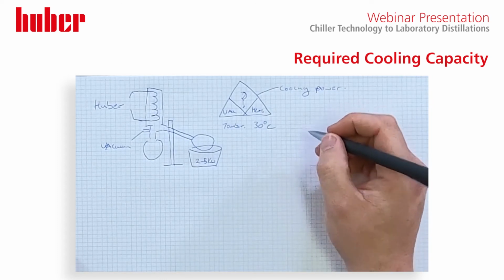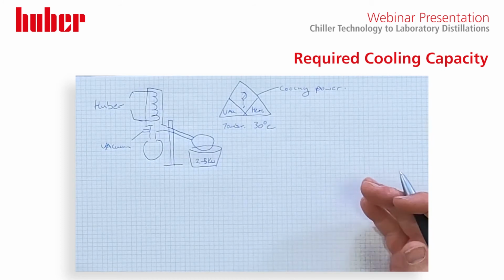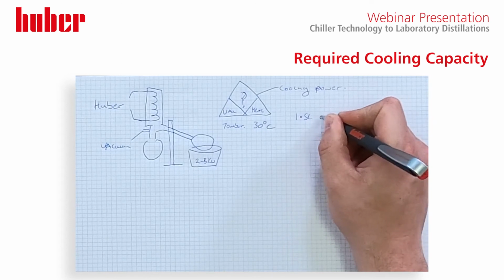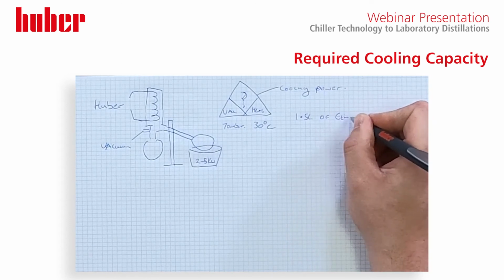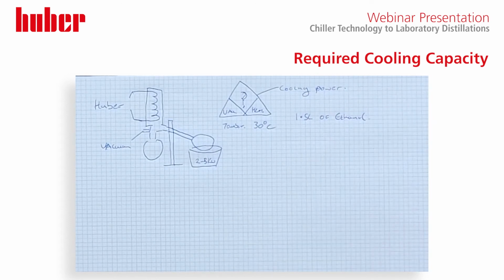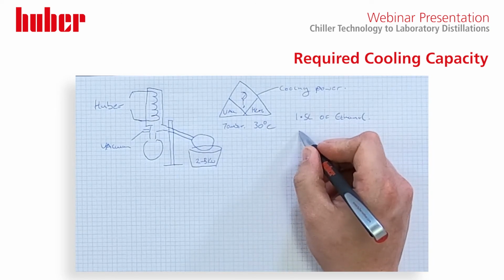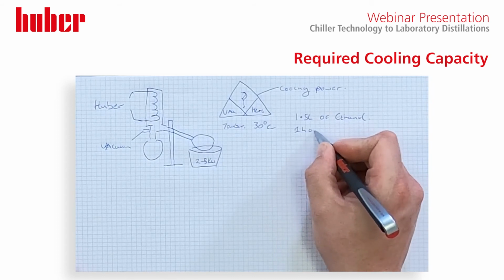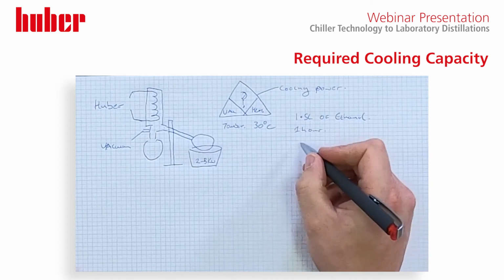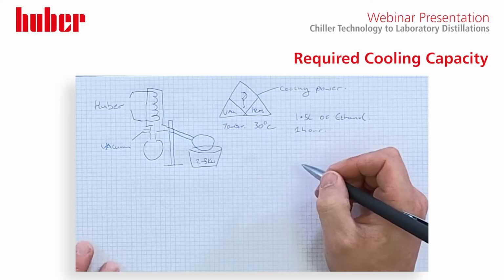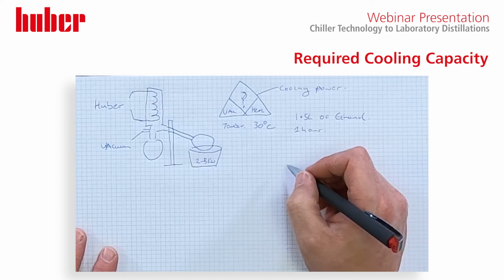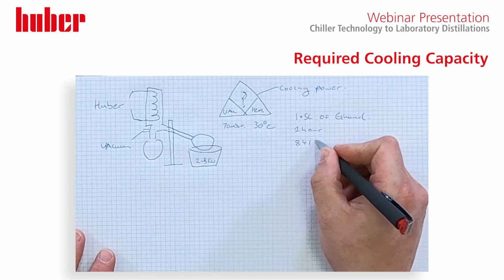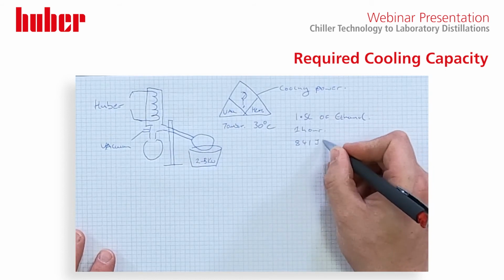So in this case, we're going to propose we're distilling 1.5 litres of ethanol. Next key fact is we want to do it in 1 hour. We need to know the specific heat of vaporization of ethanol, which is 841 joules per gram.